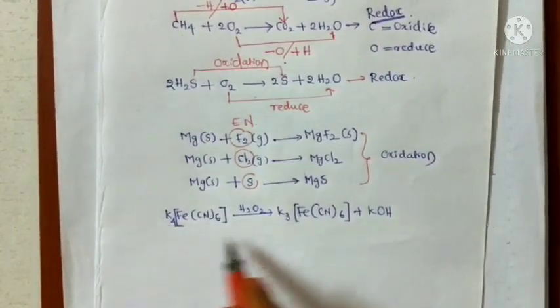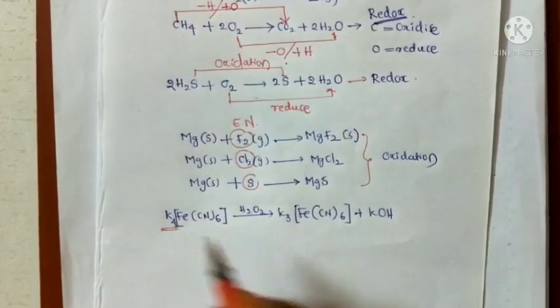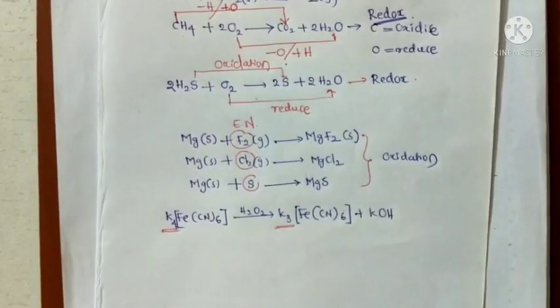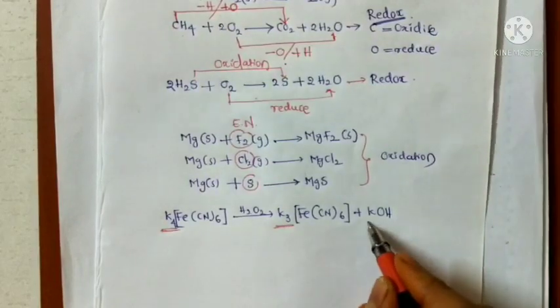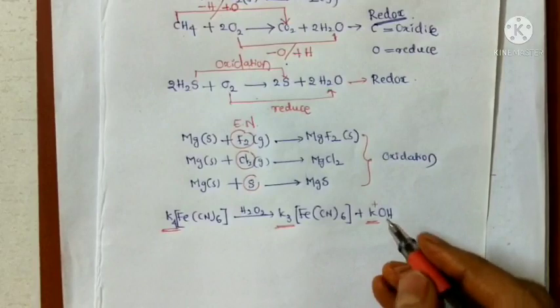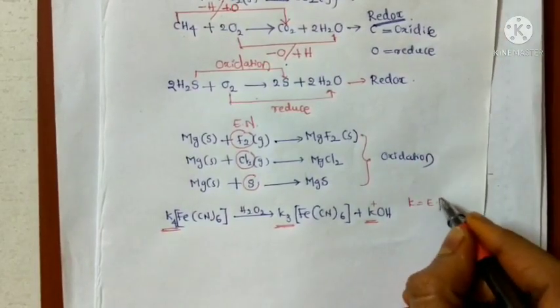Before the reaction, 4 K plus ions are present, but after the reaction only 3 potassium ions are present, and 1 K plus ion is lost. Potassium is an electropositive element.